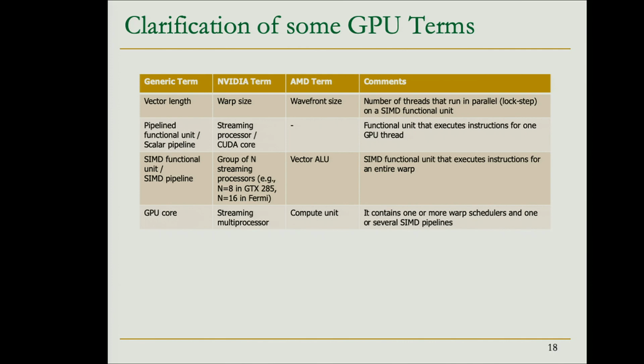And this is for your reference. So, for example, when I talk about GPU core, it is what NVIDIA calls a streaming multiprocessor. Inside a streaming multiprocessor, what we have is what NVIDIA calls streaming processors, and this is for us a SIMD pipeline or SIMD functional unit.